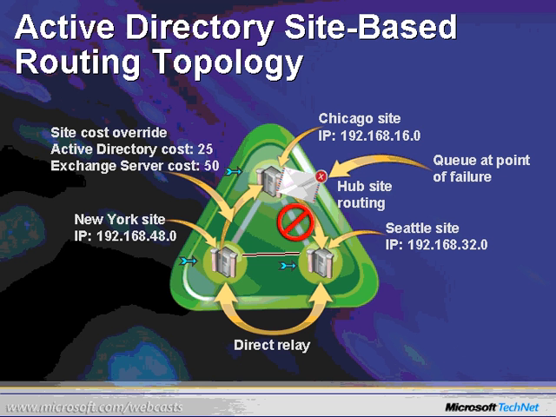Then emails going from New York to Seattle will still be direct. The hub transport in New York will still go directly to the hub transport in Seattle. It's not going to route through the hub site in Chicago unless I define it as a hub site. Hopefully I made that clear and I'm not confusing anyone.